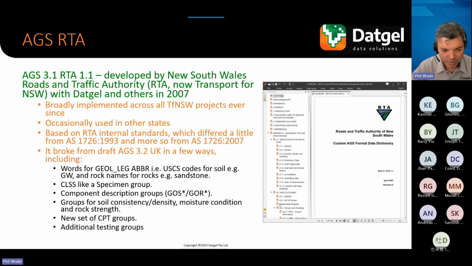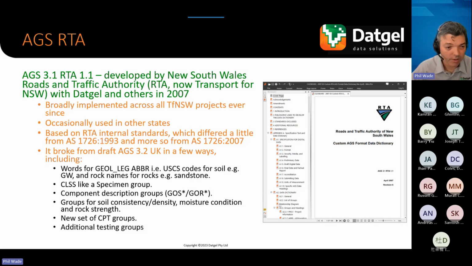So it uses different legend codes and graphic codes, based upon what the RMS or RTA wanted then. It has a component description, which was new to AGS format. It has groups for consistency, density, and moisture condition and rock strength, which were not in AGS 3.2. And it significantly improved the CPT groups, because what was in AGS 3.1, 3.2 really didn't do it. And we added a bunch of lab tests as well that were part of the RTA standards.